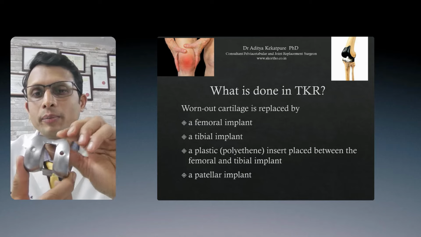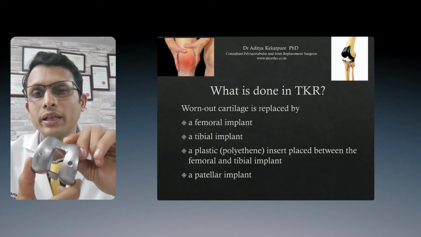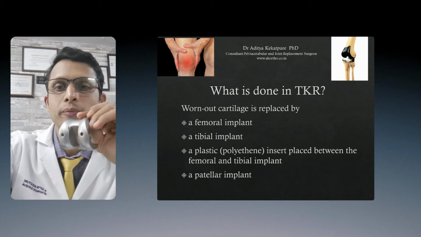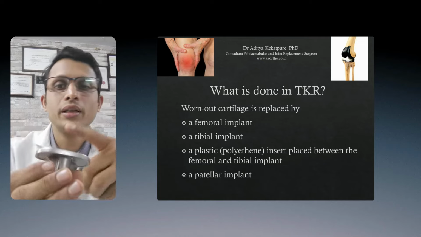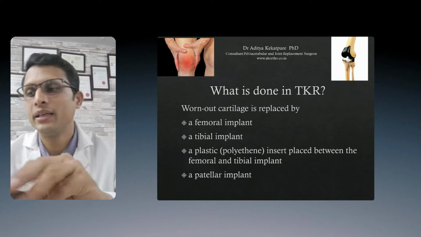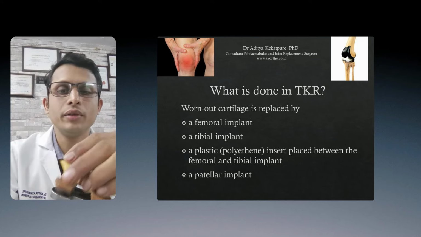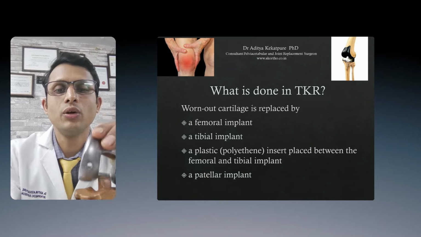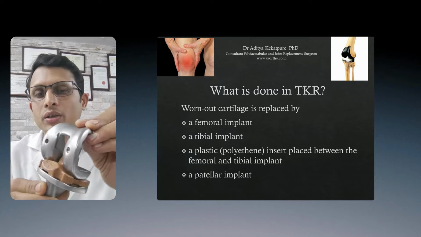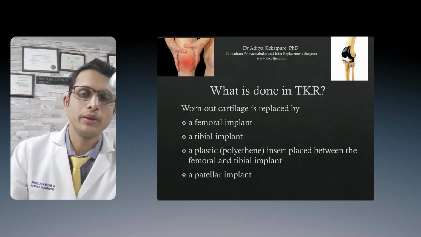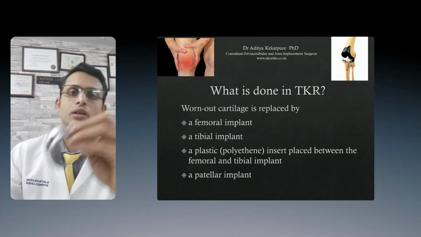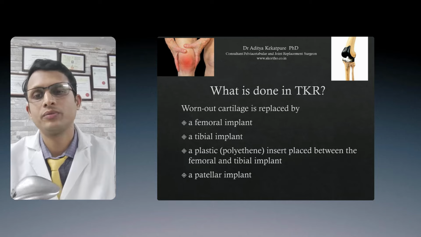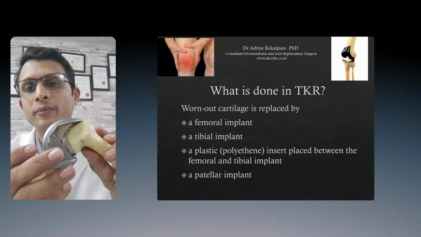This is what we call the femoral component. This is the tibial component, and in between the two components we insert a high quality plastic. This now acts as your new joint. This is what is replaced on the existing bone, like this.